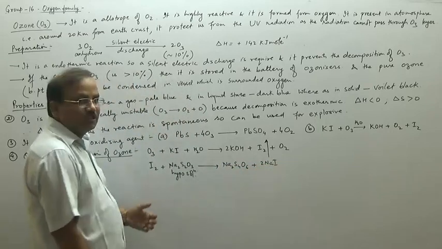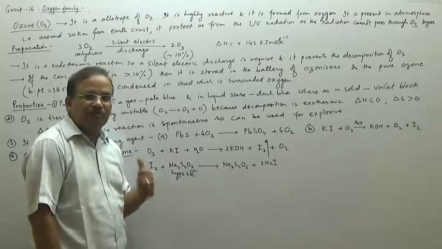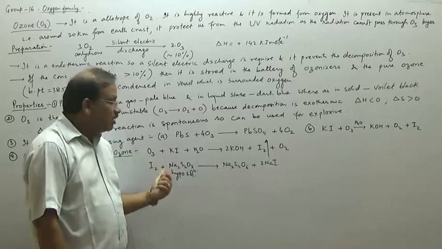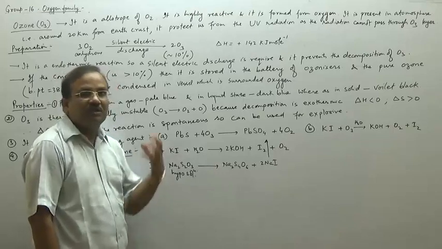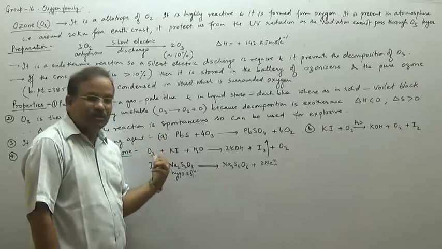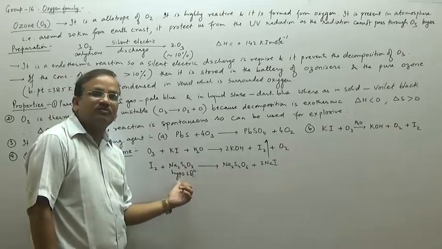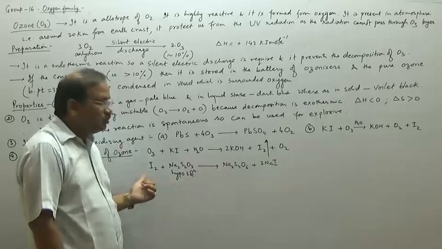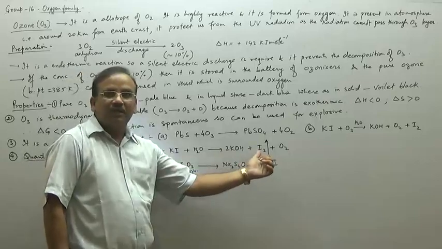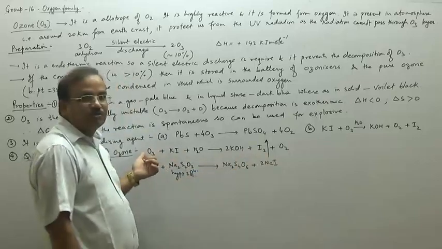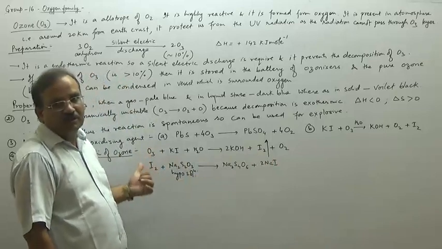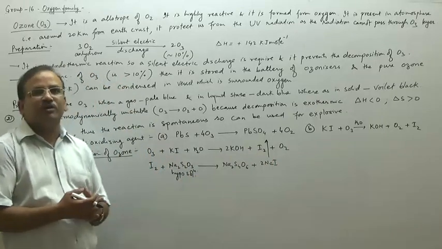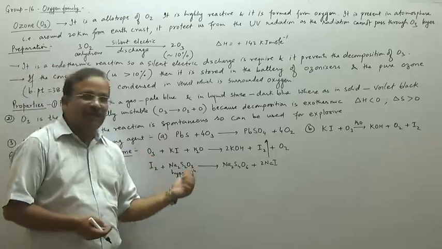So we are able to estimate the equivalents of ozone which is present in the ozonizer or in the mixture. The number of equivalents of hypo used will be equal to the equivalents of I2, and the equivalents of I2 will be equal to the equivalents of ozone present in the mixture. So we are able to get the free ozone present in the mixture by estimating this.